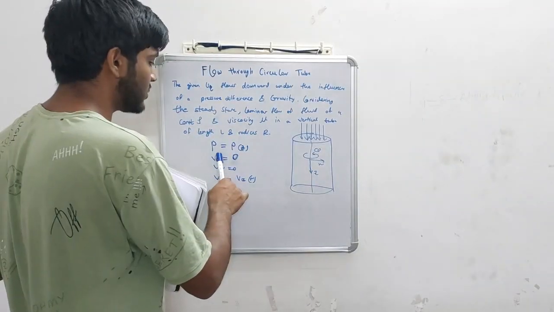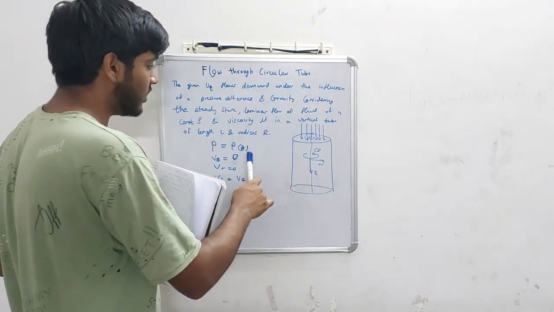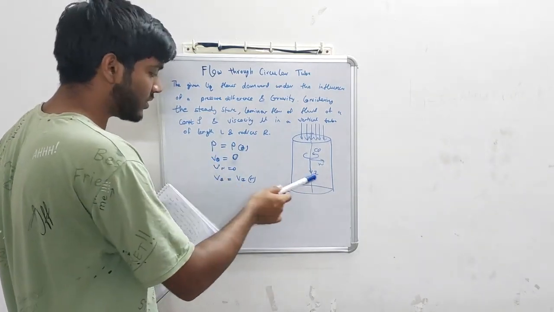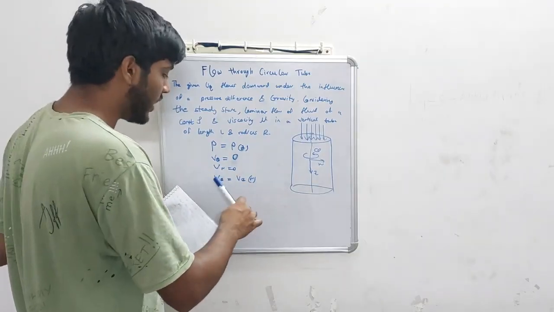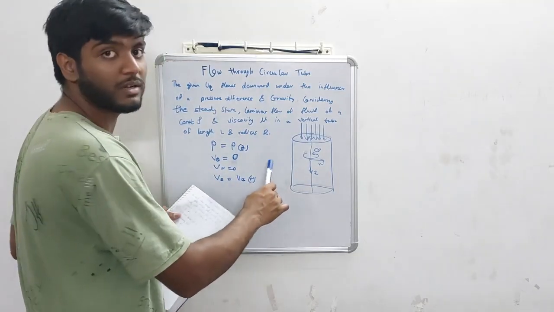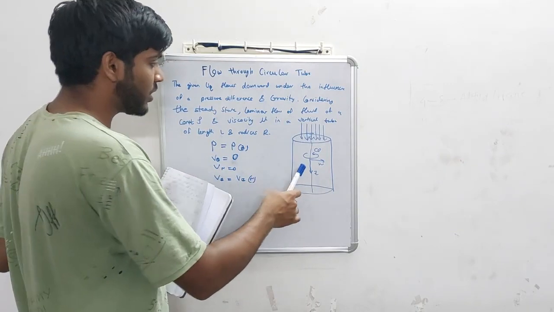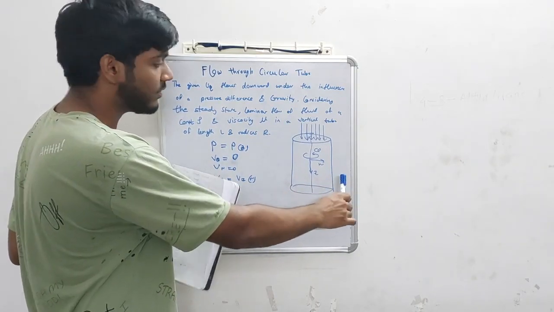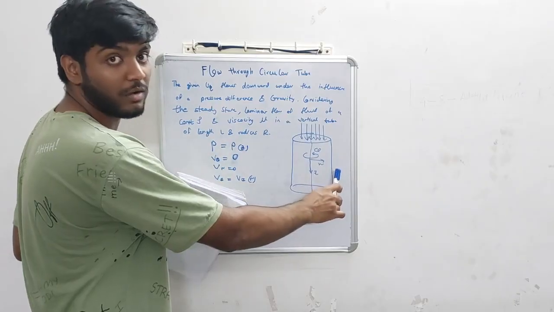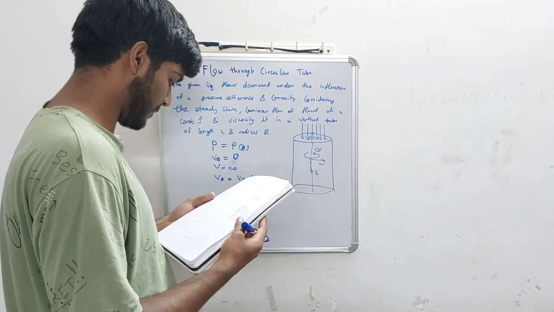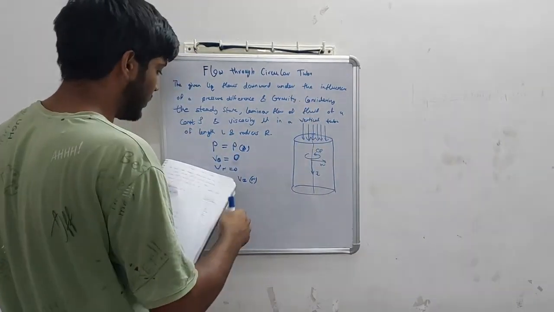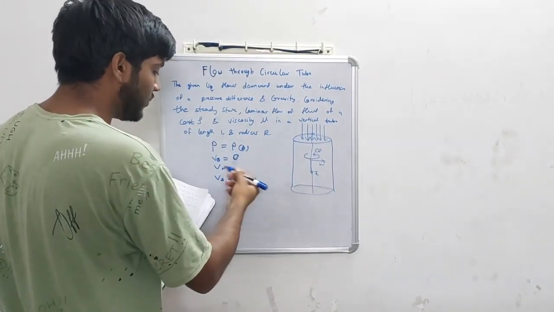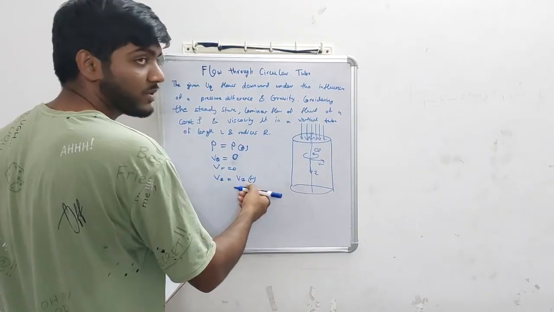The pressure is P as a function of z, as pressure is changing only in the z direction, and V theta is 0, Vr is also 0, and Vz is a function of r, because near r equal to the radius of the shell, the velocity will be downward.